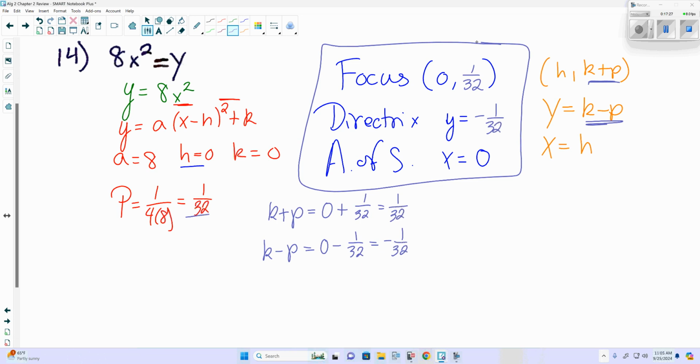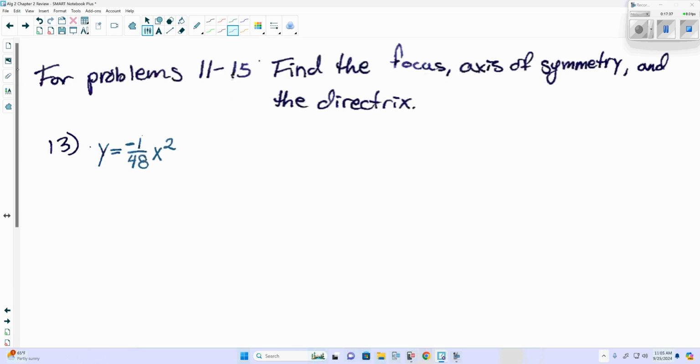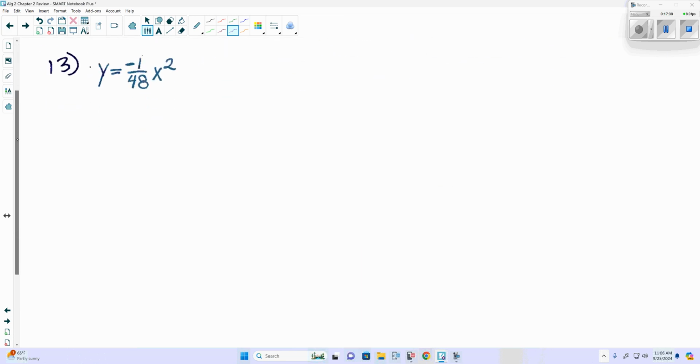Is there another one of those that y'all want to look at? Which one? 13. Y equals a x minus h squared plus k. No parentheses, so h is 0.